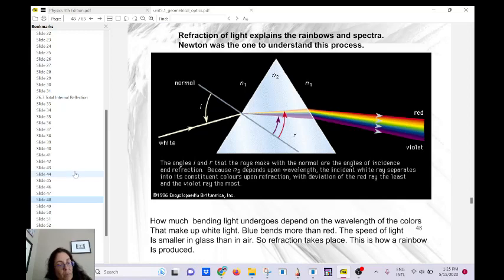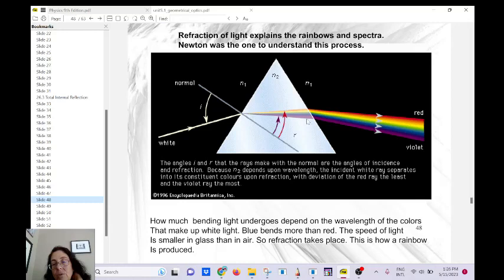Okay, so the last part is called dispersion. It's when you have a rainbow. White light is actually made of all the colors of the rainbow, so you have blue and red and yellow all mixed together.